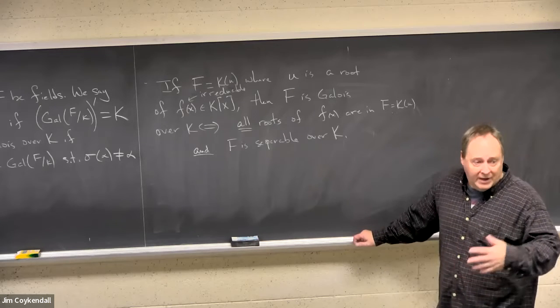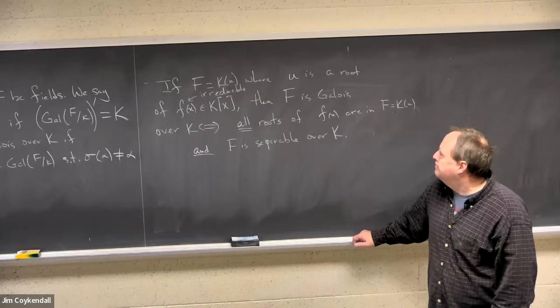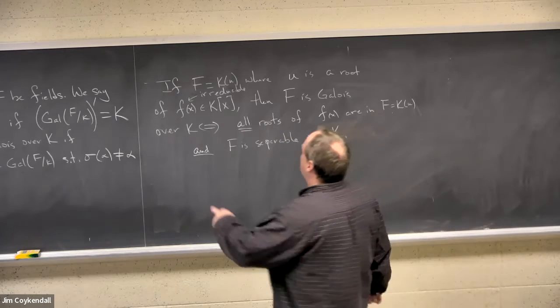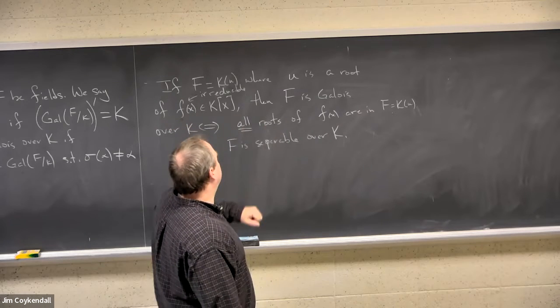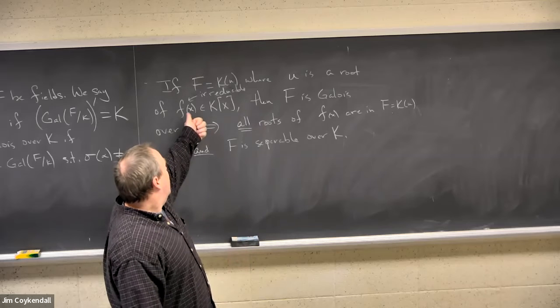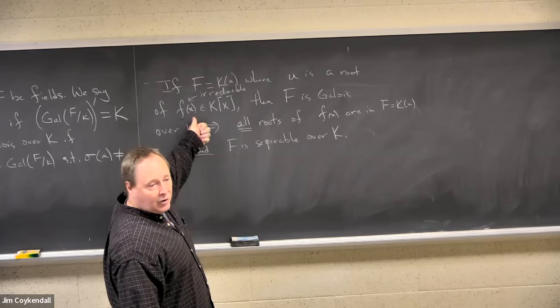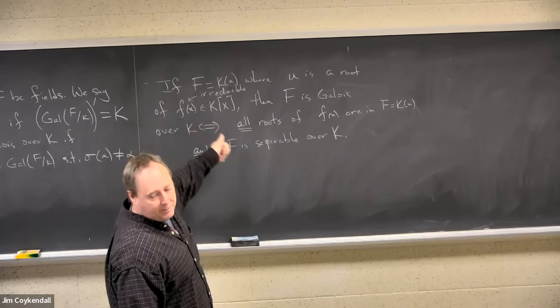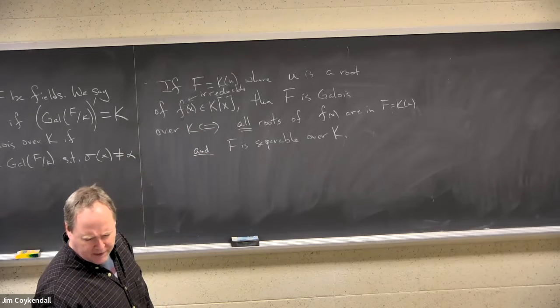So this happens in quadratic, and it happens in other cases as well. Then F is Galois if and only if you get all the roots, and F is separable, which means that basically all the roots of F of X are distinct, right? So you don't have multiple roots from an irreducible polynomial. We'll talk more about that later.